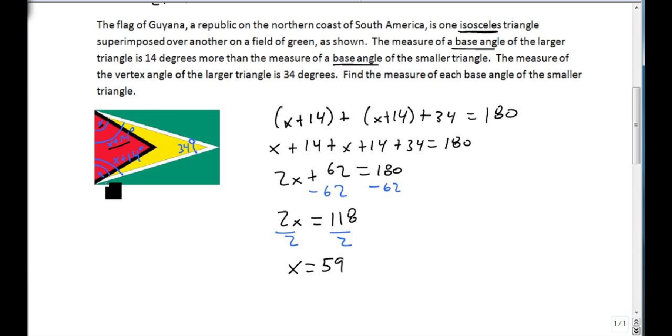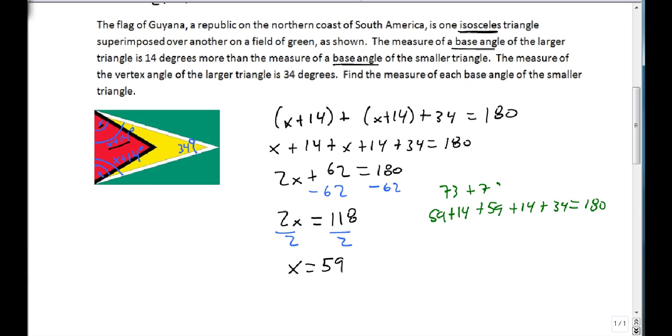To check our answer, we need to make sure that the larger one adds up to 180 still. So we take 59 plus 14 plus 59 plus 14 plus 34. Well, 59 plus 14 is 73, so that's my larger one. This one's 73, and this one's 73.